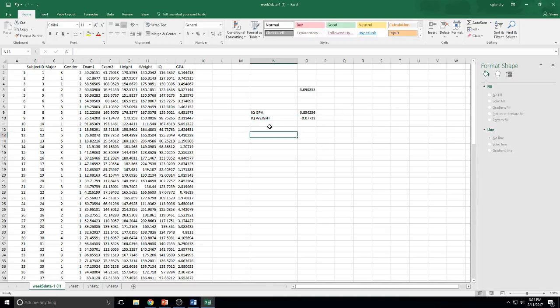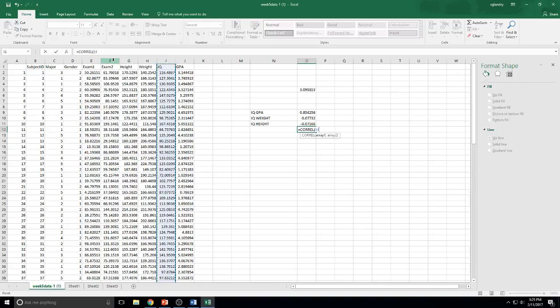So we can pretty much say for sure that weight has nothing to do with your IQ. Who would have thought? Alright, so let's do this again. Correl between IQ, comma, and height. IQ, height. Nope, same deal. Correl between IQ, I need to get better at this. Correl between IQ, and we want to put a comma, and we just did height, so now we're going to do exam 2.